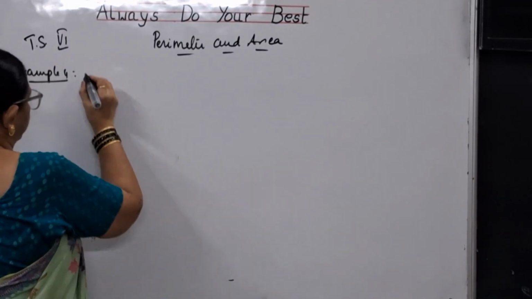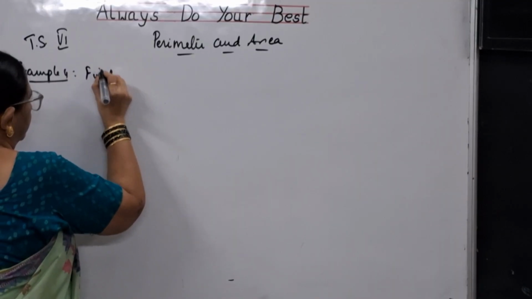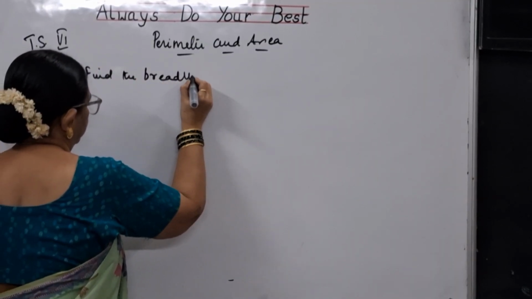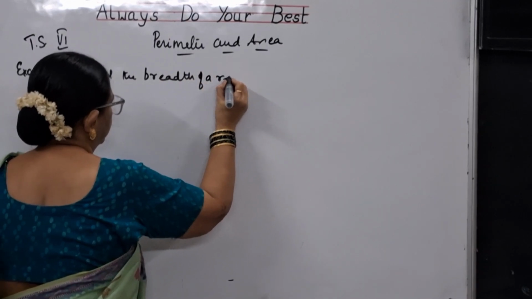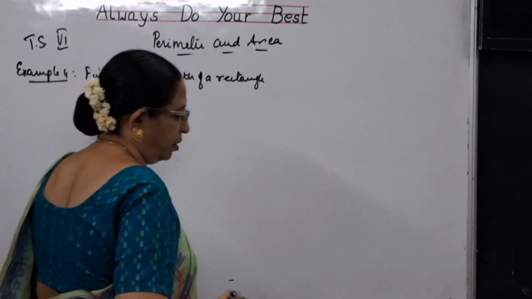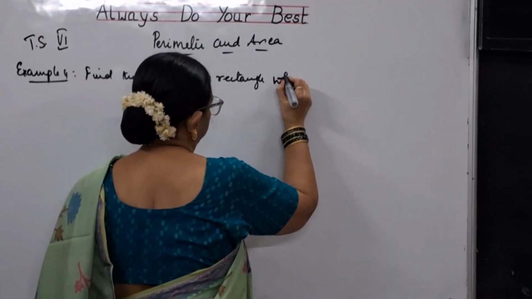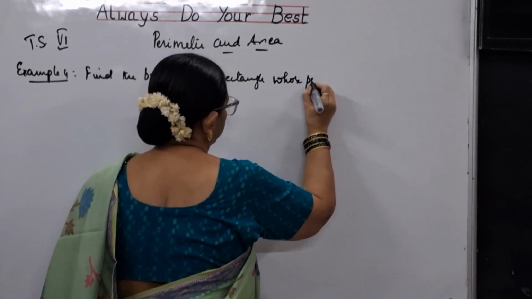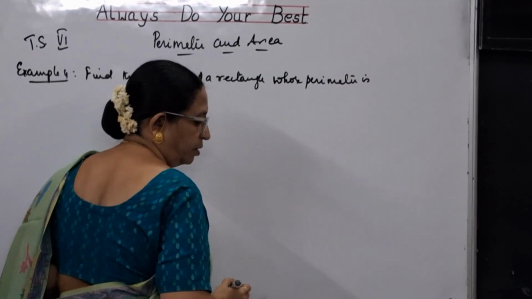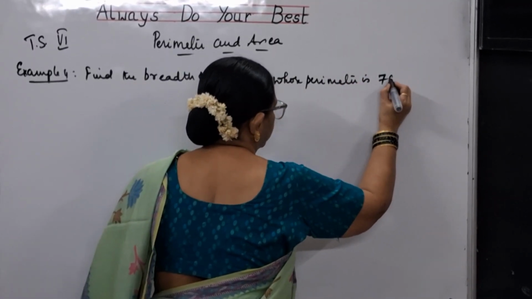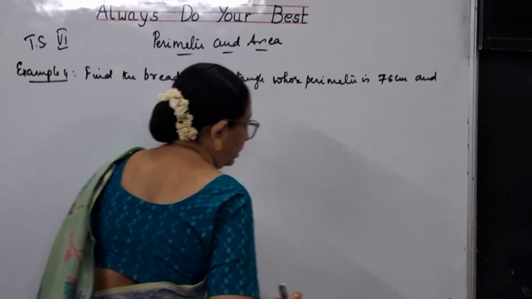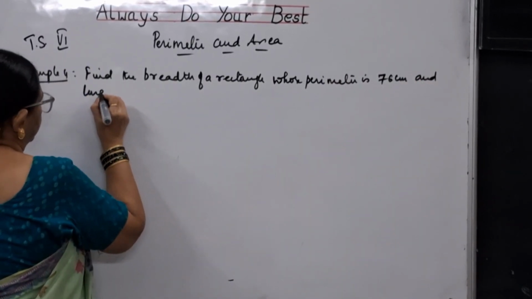Find the breadth of a rectangle whose perimeter is 76 centimeters and length is 26 centimeters.